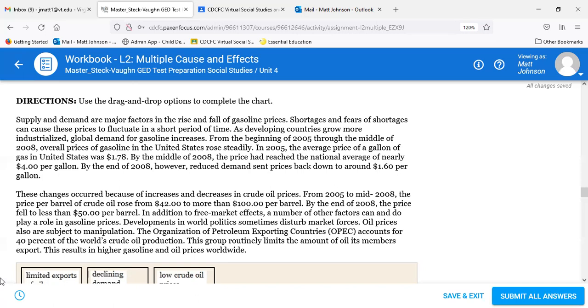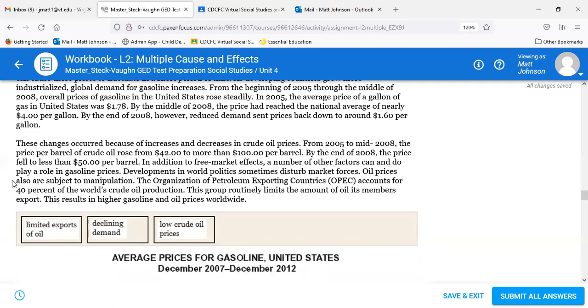In addition to free market effects, a number of other factors can and do play a role in gasoline prices. Developments in world politics sometimes disturb market forces. Oil prices are also subject to manipulation. The Organization of Petroleum Exporting Countries, OPEC, accounts for 40% of the world's crude oil production.